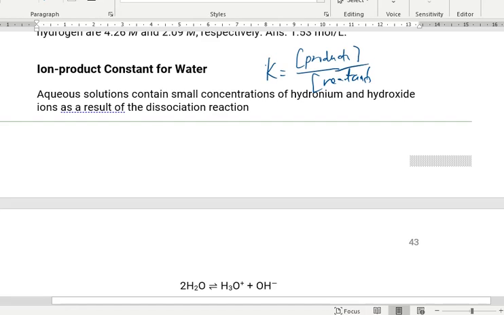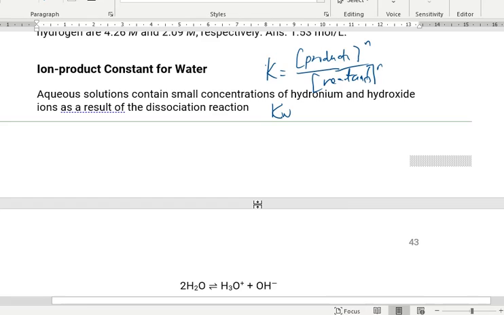Ang difference ra is that gigaan lang jud nila og specific term ang kada constant depende sa unsa na siya nga equilibrium. So in the case of water, the special name is the ion product constant for water, or this is the symbol. Okay?